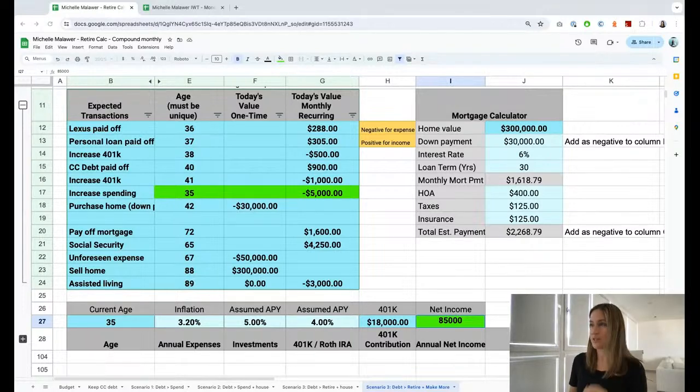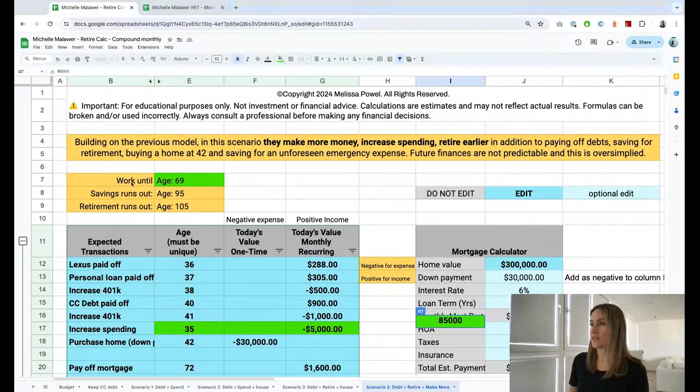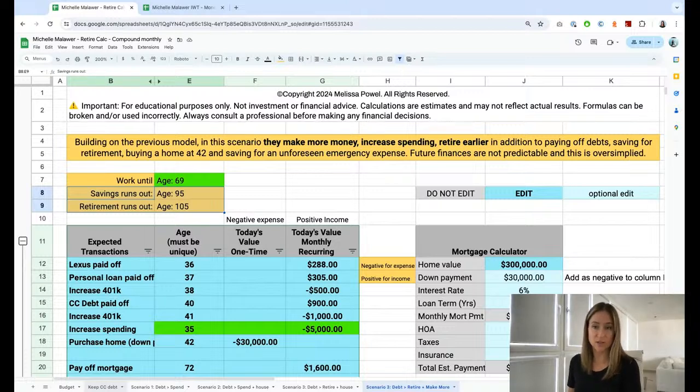But the main thing I wanted to call out was the planning for retirement and the impact of keeping debt versus paying it off, as well as the impact of making sure that you leverage the debt payments that you were making toward an investment saving strategy or retirement goal instead of spending more.